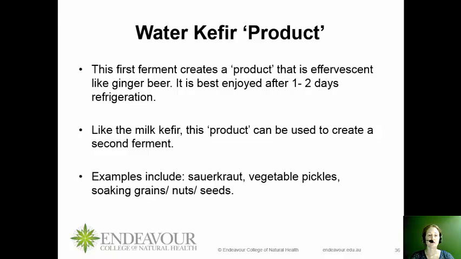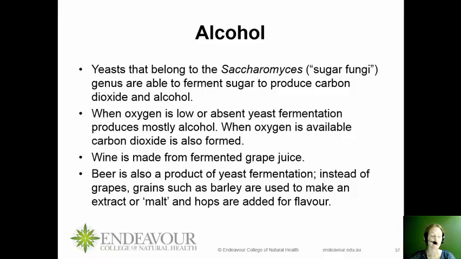Also remember, with these ferments, they are effervescent, so sometimes you need to burp the bottle, so just unscrew the lid a little bit, let the gas go, put it back on again. You can get special lids that have a mechanism that enables that to continuously happen. If you get really into fermentation, then I'm sure you'll find it.